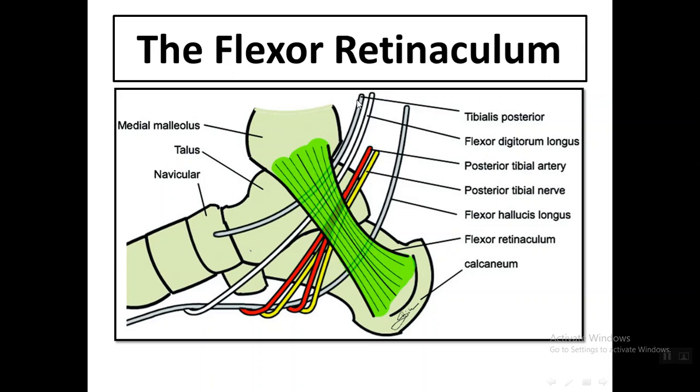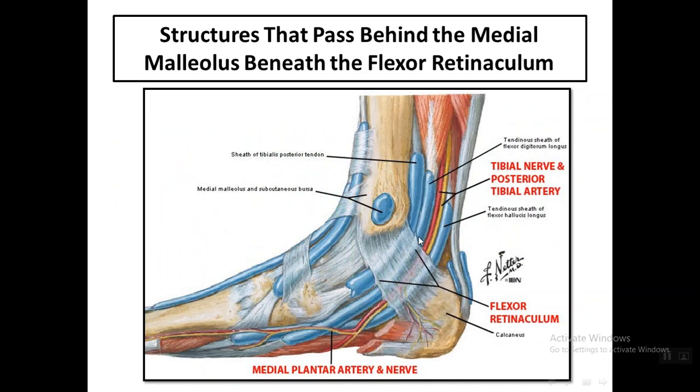عندي موجود عندنا هذا tendon of tibialis posterior. Next we have the tendon of flexor digitorum longus, posterior tibial artery, posterior tibial nerve, and lastly we have the tendon of flexor hallucis longus. إذا نشوفها بهذه الصورة هذا هو الفلexor reticulum passing from medial malleolus to the medial surface of calcaneum, holding the tendons and structures in position. وهذه هي الستركشر اللي هي أول واحدة راح تكون immediately behind the medial malleolus is the tibialis posterior.